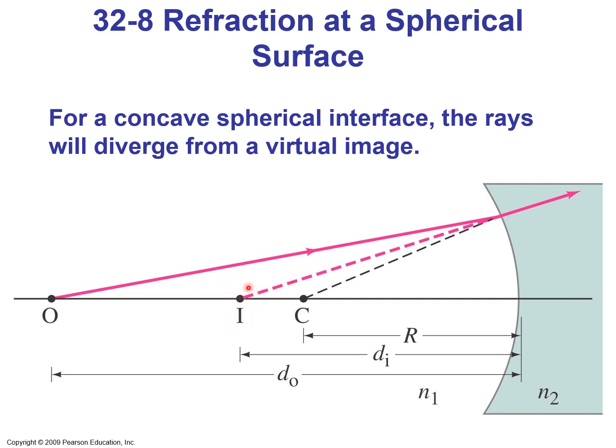At this point, the image will be formed because it's not with the actual rays of light. This is a virtual image. So we have d for object, the distance from the object to the spherical surface. We have d, distance for the image from the spherical surface, and r, the radius of the curvature for the concave spherical interface.